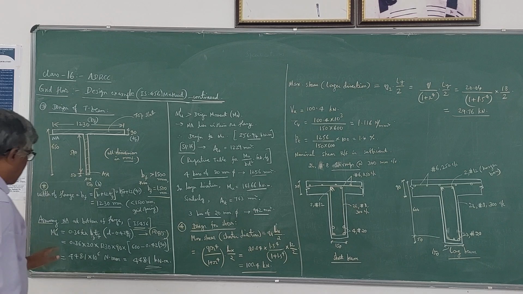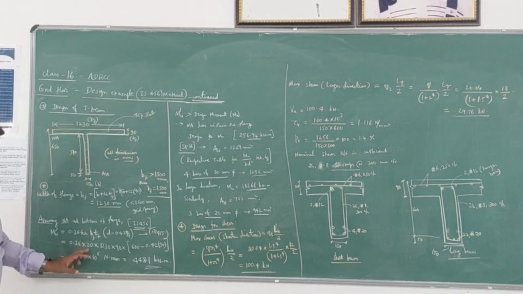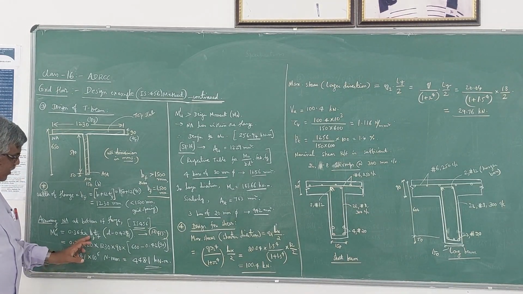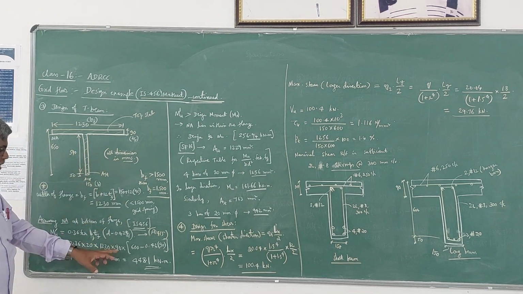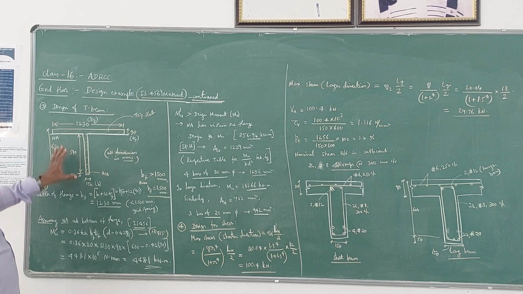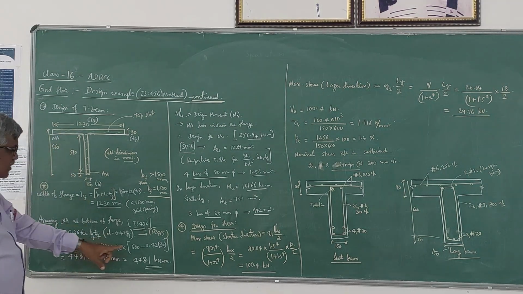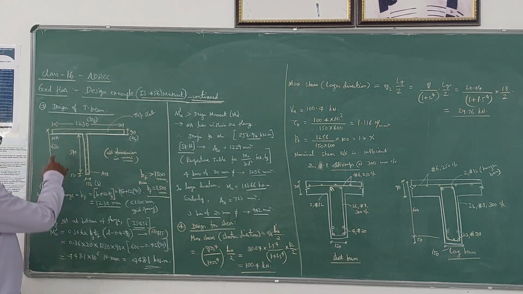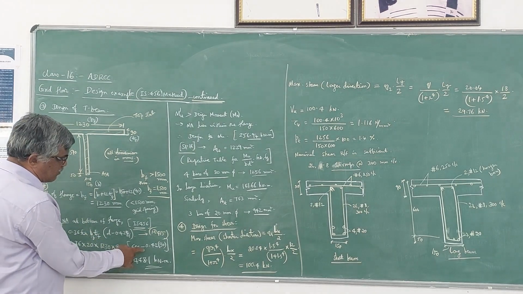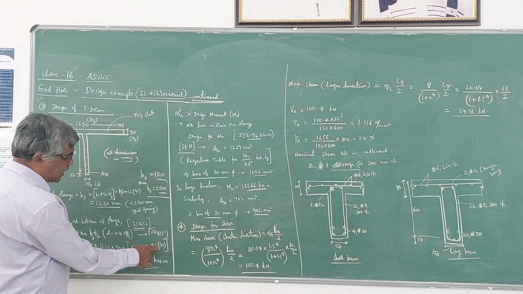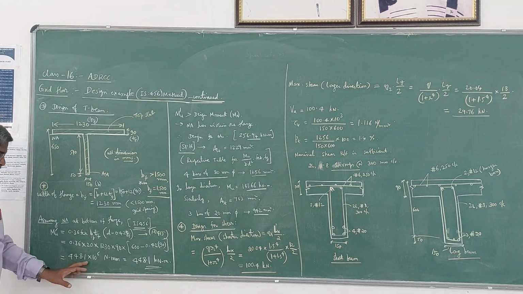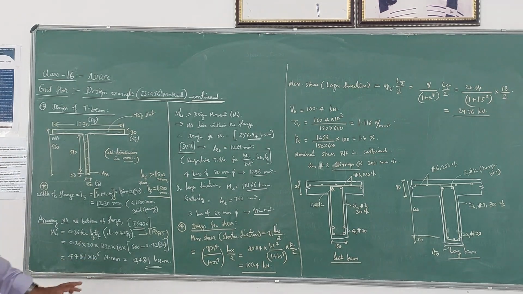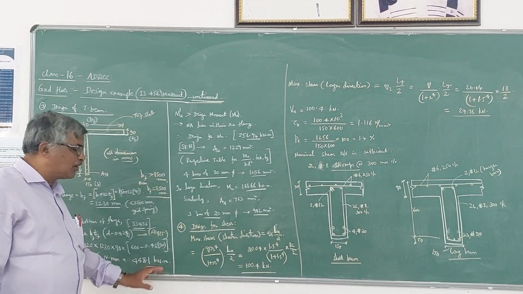Now substitute the values: 0.36 into fck, M20, so 20; BF is 1230 mm and TF is 90 mm; d is the effective depth of this T-beam, which is 650 minus 50, 600; minus 0.42 into, once again, TF is 90. If you simplify this, you will get 448.1 into 10 power 6 Newton millimeter, or 448.1 kilonewton meter.